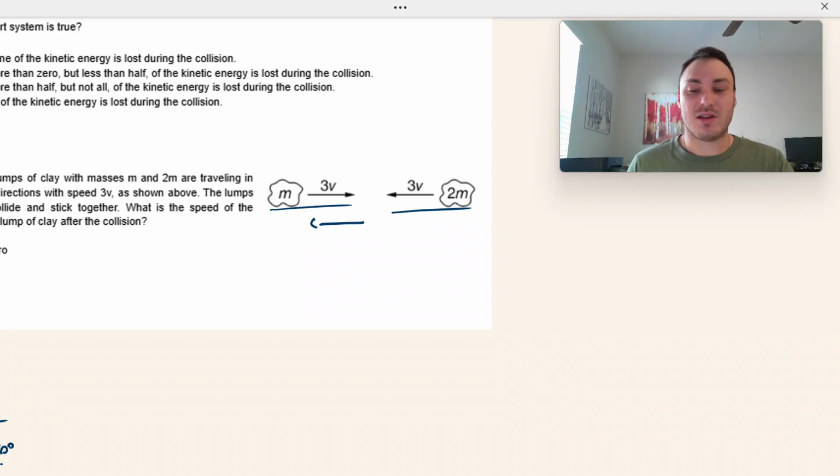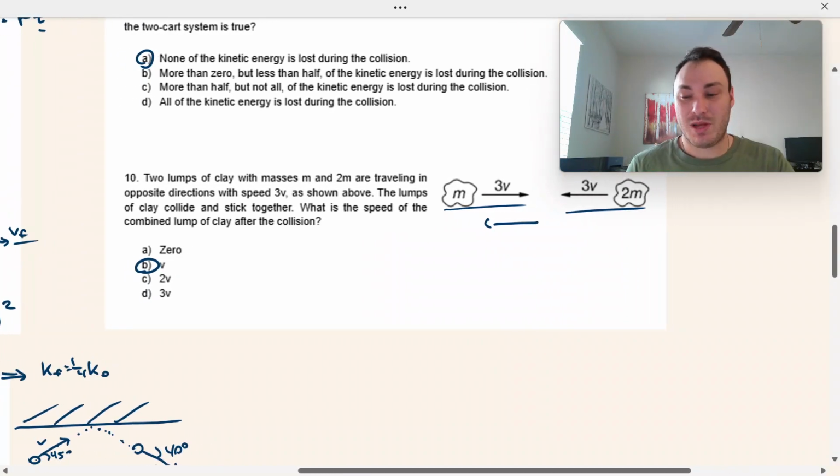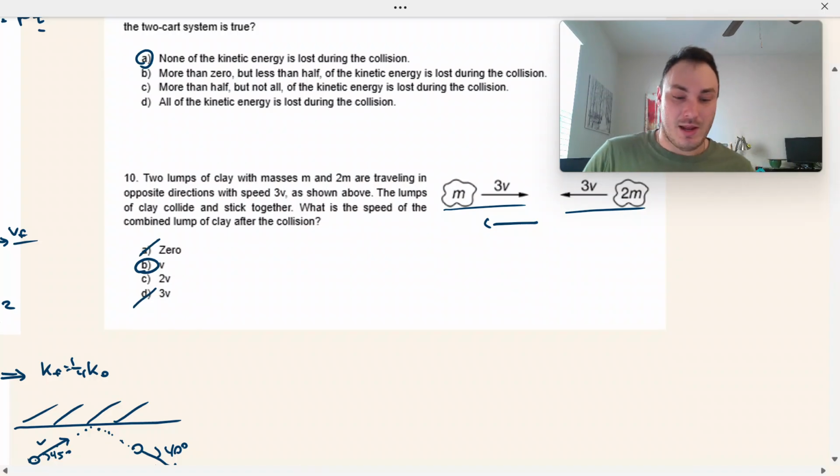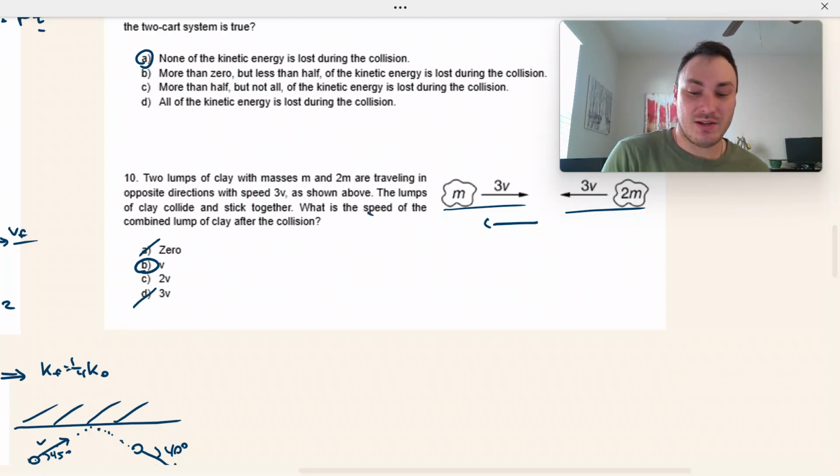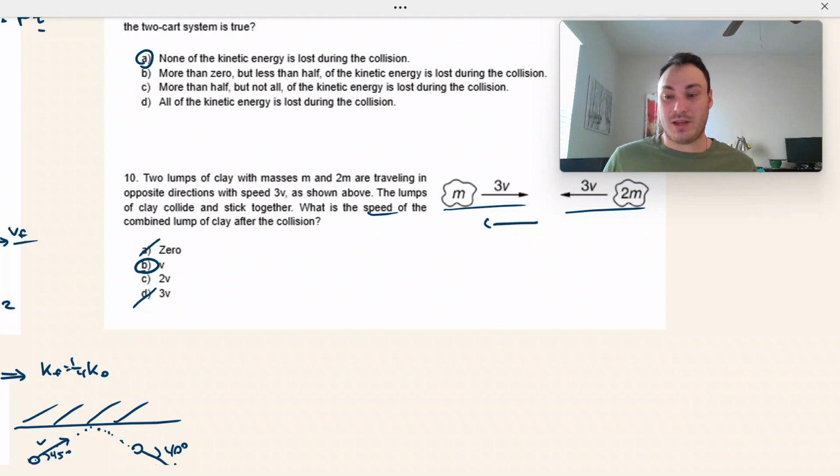Also, that speed is not going to be as big as it was before, because a lot of that speed is going to be lost in the collision as their masses go up. Just based off of that, we could already eliminate 0 and 3v. If this was asking about velocity instead of speed, maybe 2 of the 8 choices would have the wrong sign, and we can just get our answer based off of vibes and not have to do any math at all.